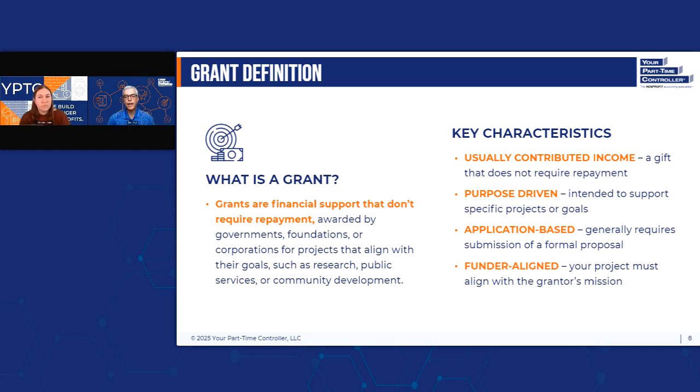Some grants do allow unrestricted funding, but those are less common. Third characteristic is application-based. To receive funds, you'll need a formal proposal, goals, methods, budget, and impact. The process is competitive. There are often more applicants than dollars available. In a bit, we'll share typical items you should include in your proposal.